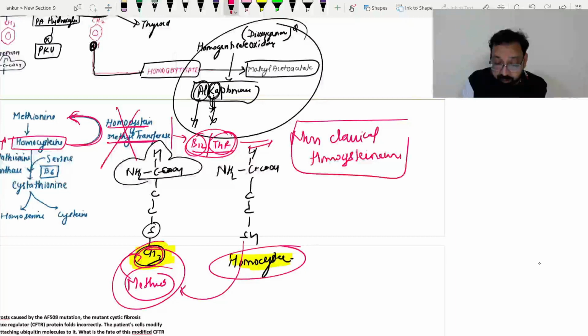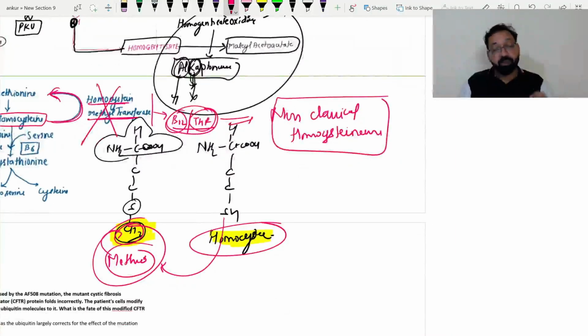This question is asked many times. If B12 is deficient, there is megaloblastic anemia. You all know. Folic acid deficiency, megaloblastic anemia. A patient came to me having megaloblastic anemia. I don't know whether this megaloblastic anemia is due to folic acid or B12 deficiency. I thought that I can assess by knowing the homocysteine level, but B12 and folic acid deficiency both lead to homocysteinemia.